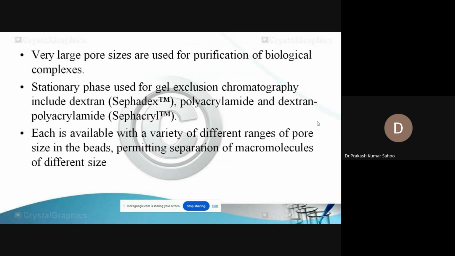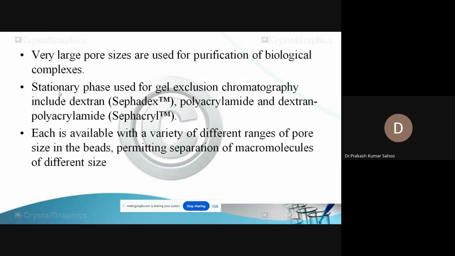Very large pore sizes are used for purification of biological complexes. So depending on the type of component to be separated from a sample, you should select the beads accordingly.